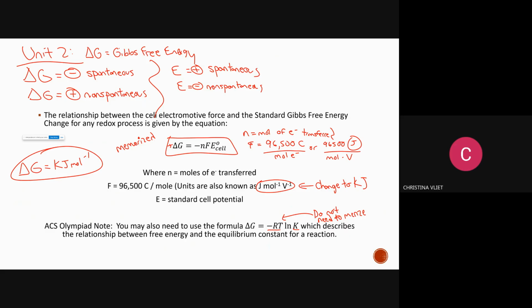And so this is an Olympiad note. I'm going to recruit, if people want to do it, some students who want to do the Olympiad for chemistry. It's in March. So if you're interested in that, I'm going to bring that up at the Science National Honor Society meeting this month. You don't have to do it, but it's something that could go on your resume. It's basically a chemistry competition.